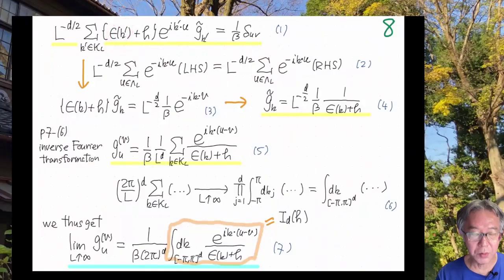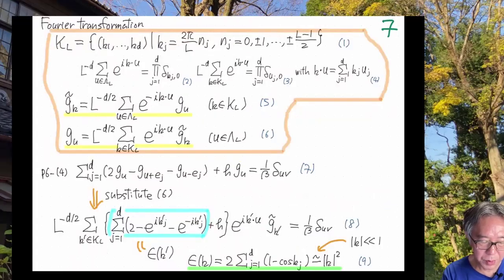And then what we do is again standard. I multiply both sides by e to the minus i k u, sum over u, and divide by L to the d over 2. Okay, and then for the left-hand side, I think we use this or this.